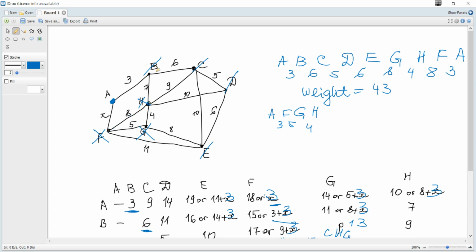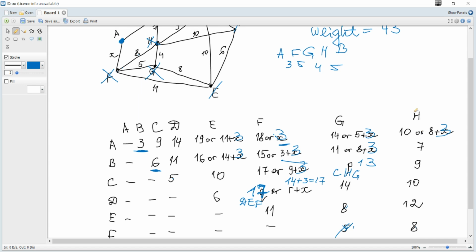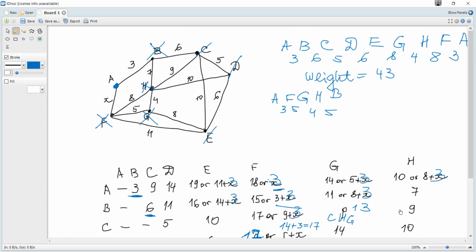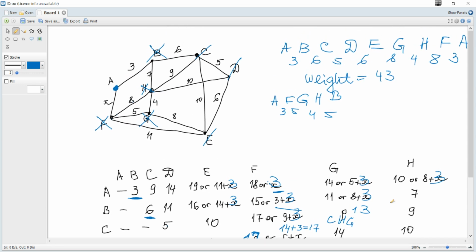Then from H to B, it's 5. You can see that from H... it's 7.